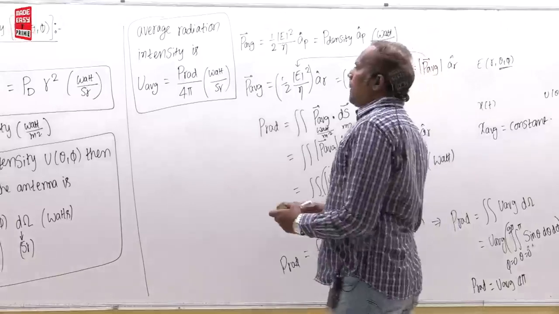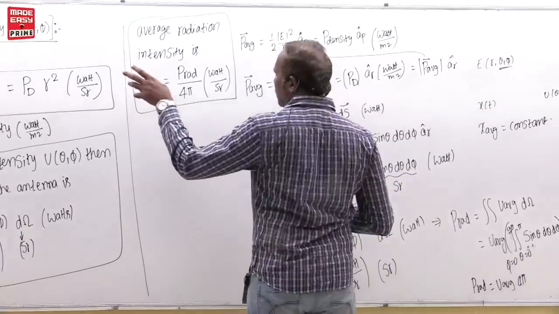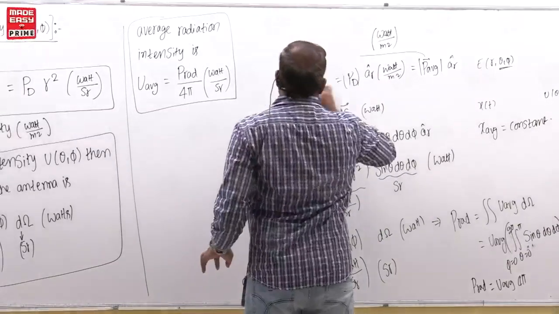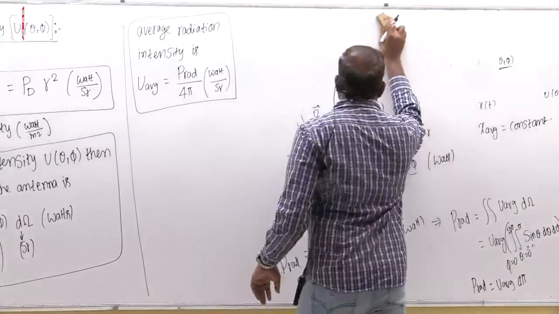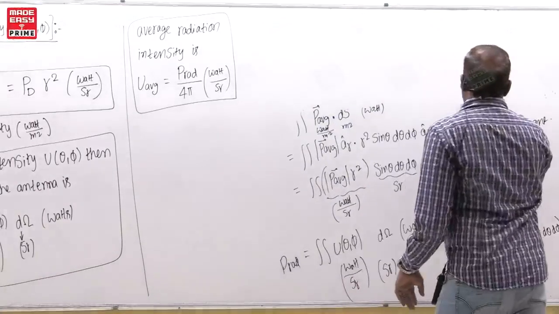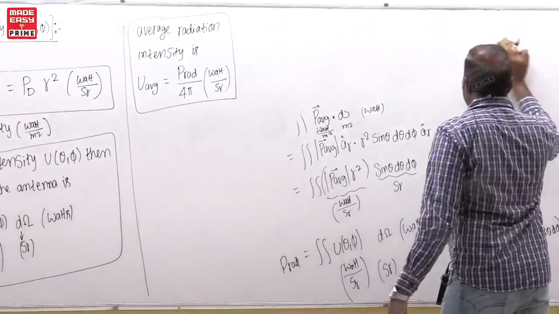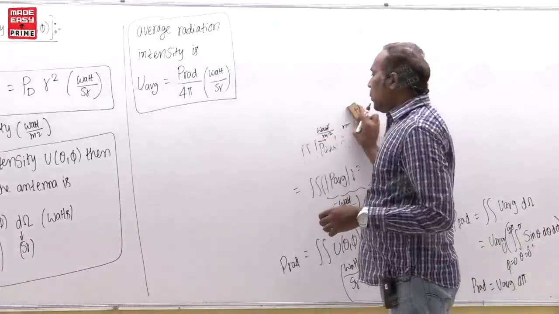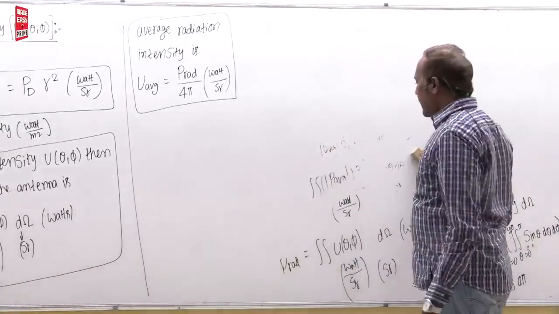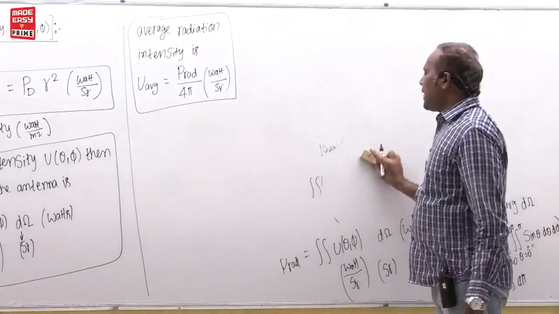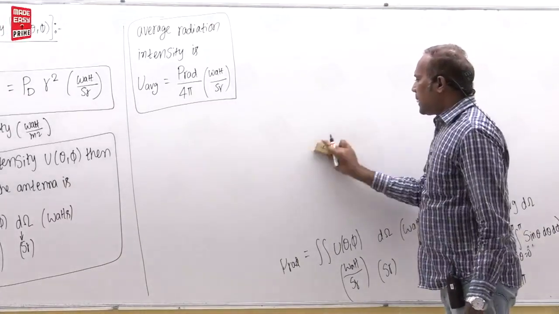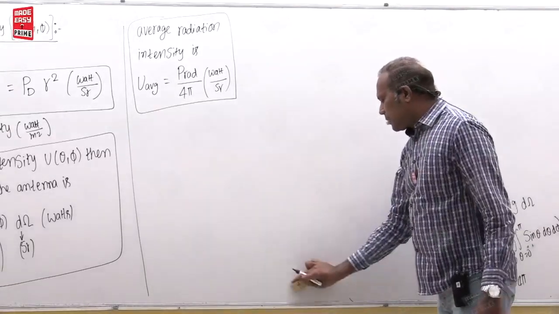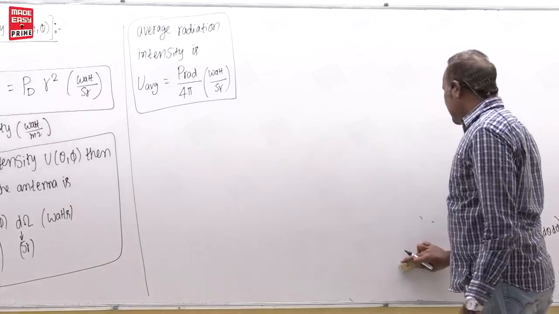Now, once you know these formulas, you are going to talk of directive gain. In the name itself it is there: directive gain. That means direction to direction the gain is going to change. So different directions, different gains are present.